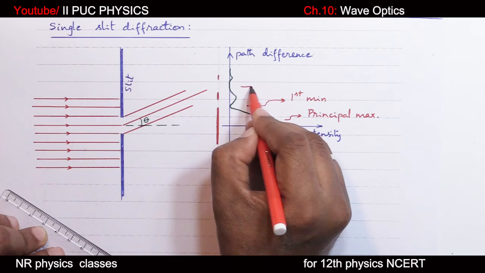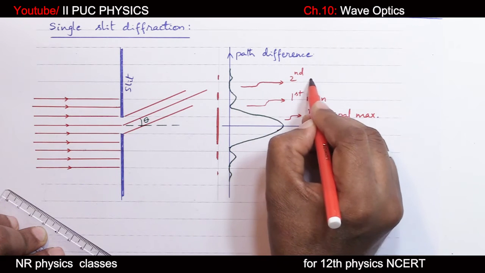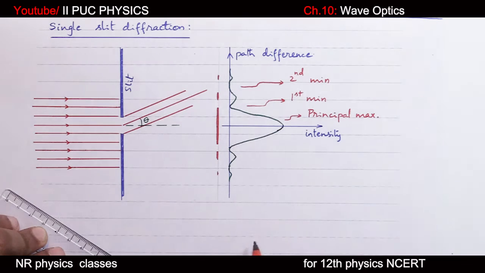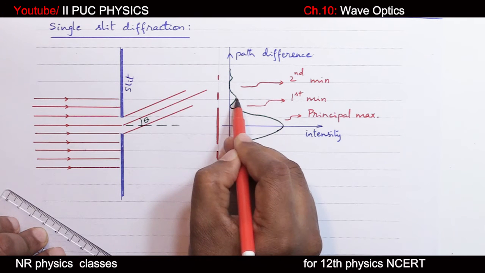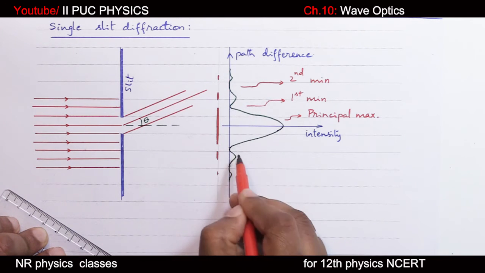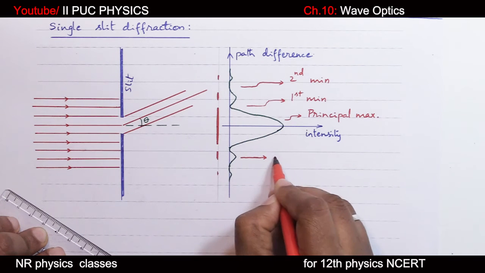This is the second minimum. Between the first minimum and the second minimum, there is a maximum. Let me write that maximum here. This is the first secondary maximum.